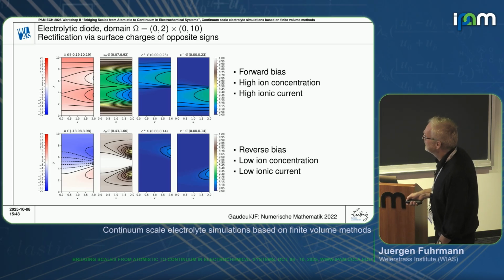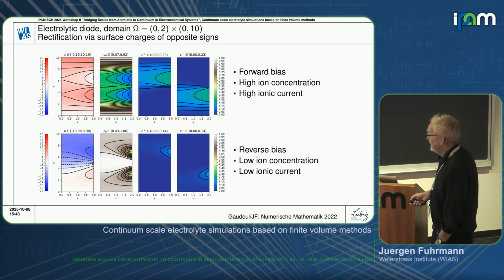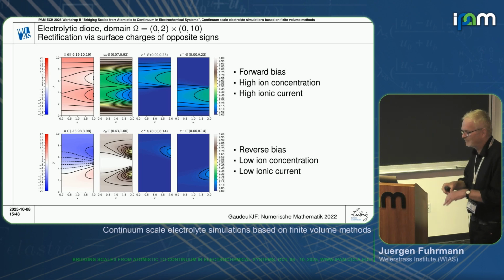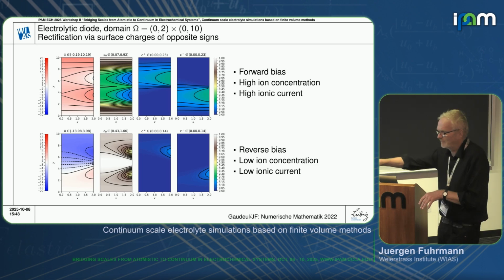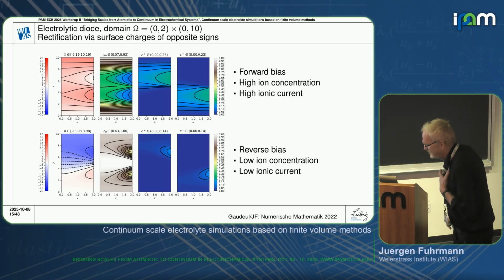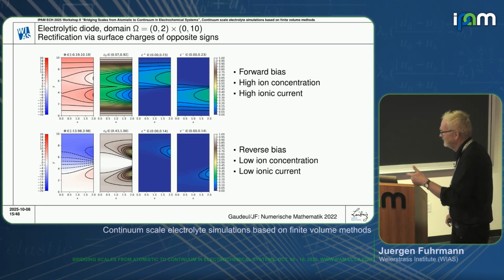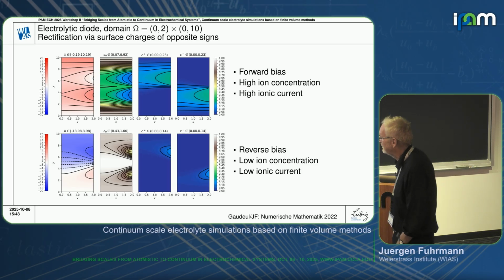We made another experiment where we have a so-called ionic diode, an electrolytic diode. In a semiconductor diode, we have doping, which separates the positively and negatively doped material, which gives them fixed charges and gives rise to the rectification behavior.